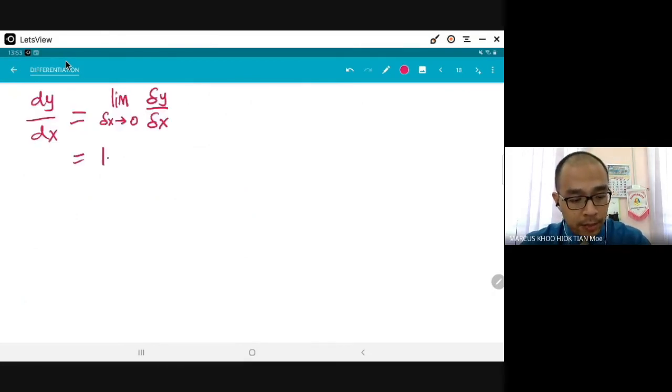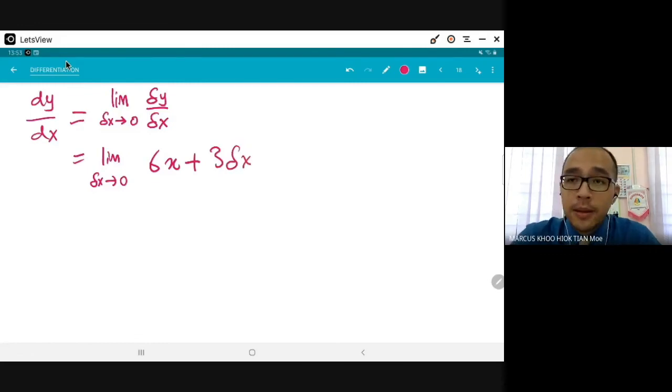So limit of del x approaching 0 of 6x plus 3 del x. Now in this case, we can use direct substitution sebab dia tiada bahagi dengan kosong. Kan? We can directly substitute del x with 0.